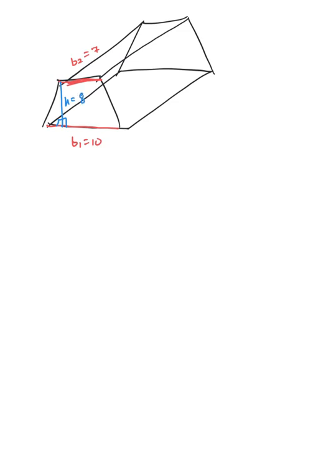Okay, and then we have the actual height of our 3D prism, the distance from the front base to the back base. So the height is the distance from base to base. Okay, so let's say this is 30. All right, so you start off, volume is the base area times the height.